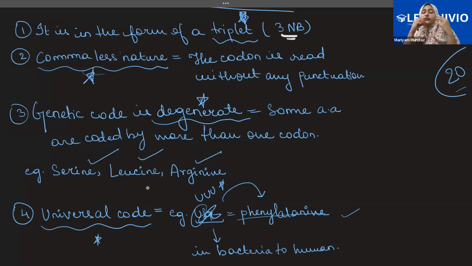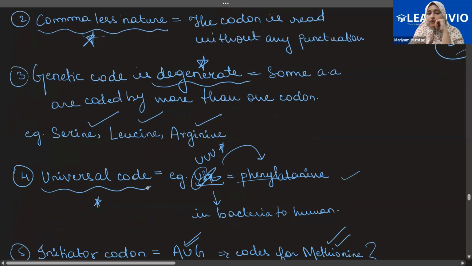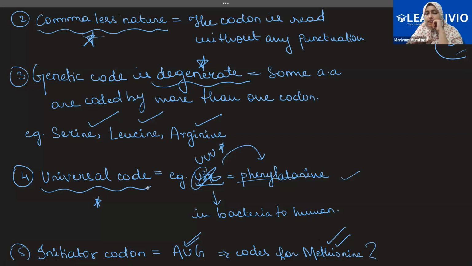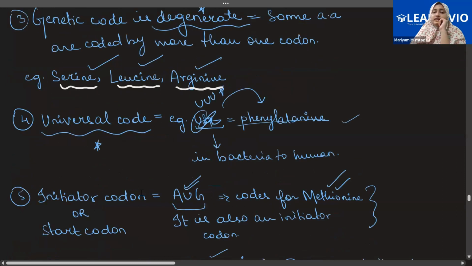Degenerate means it's not very specific. It doesn't mean that one codon codes for one amino acid. No. There are some amino acids that are coded by more than one codon. Examples are serine, leucine, and arginine.